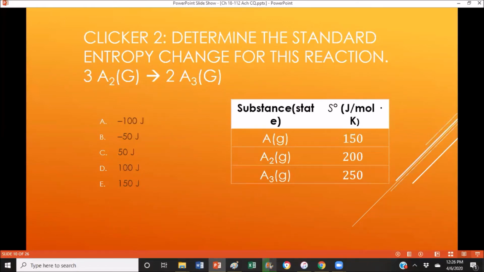So you'll figure out the change in entropy between 3 moles of A2 and 2 moles of A3. Products minus reactants. That is clicker 2. So send an email with clicker 1, clicker 2, and clicker 3 all together. Send them separately, I will hate you forever.